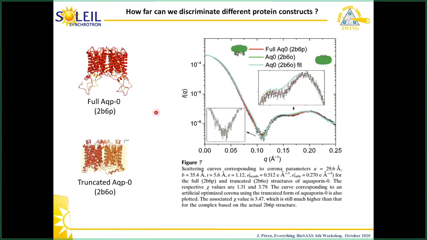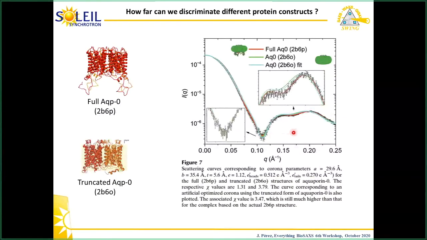But what we did, just for the fun of it, just to check, was to implement in Memprot the PDB file of the truncated protein, even if we were measuring the full aquaporin 0. And see if we could, just by modeling the detergent a different way, could we fit the data?